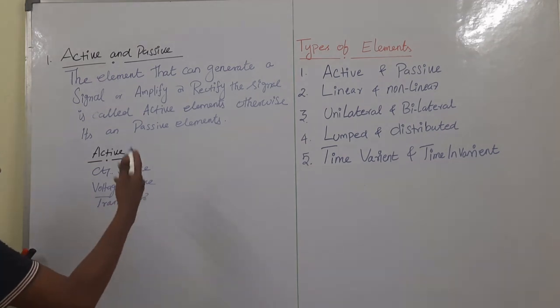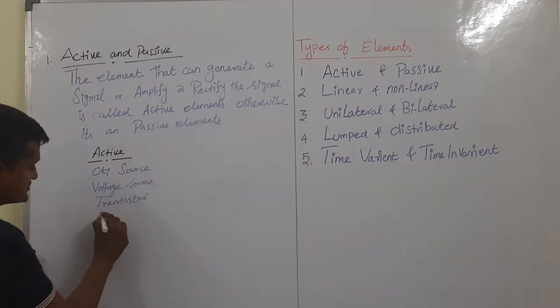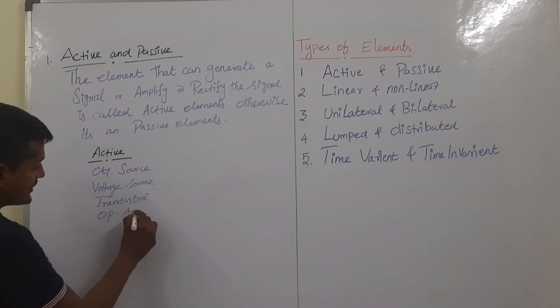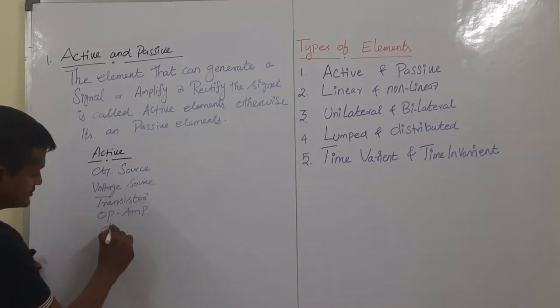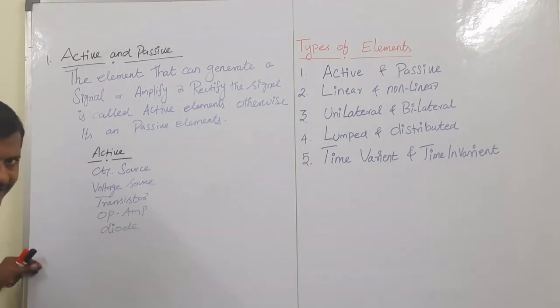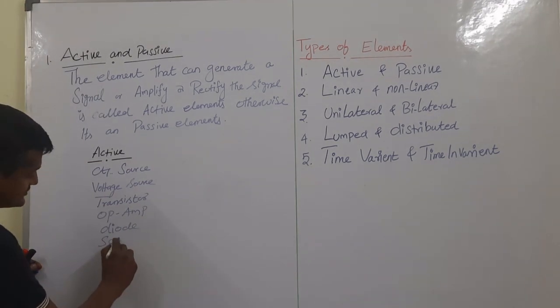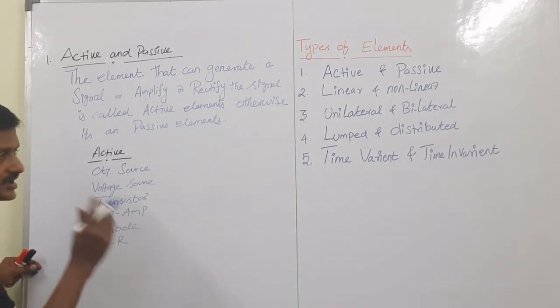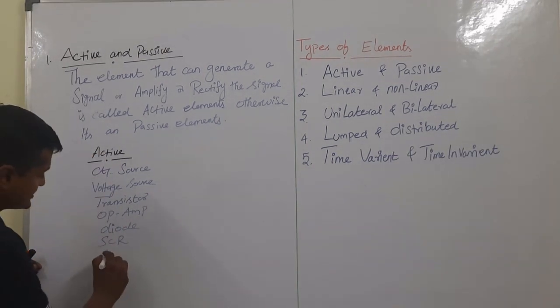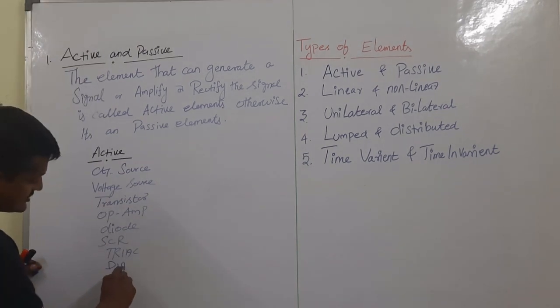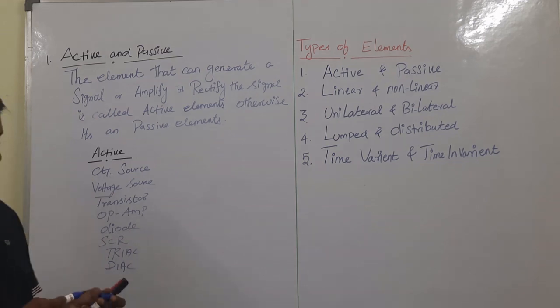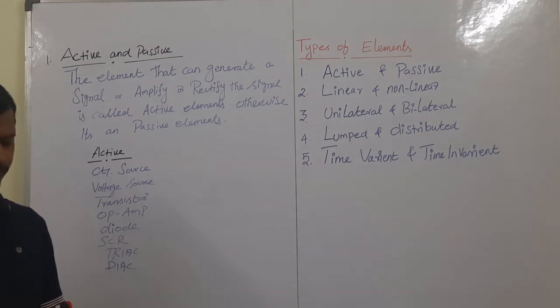It can amplify and rectify. Amplification means amplifier, op amp. For rectifying, diode and SCR are also active elements. Next, triac and diac. These are some examples of active elements.